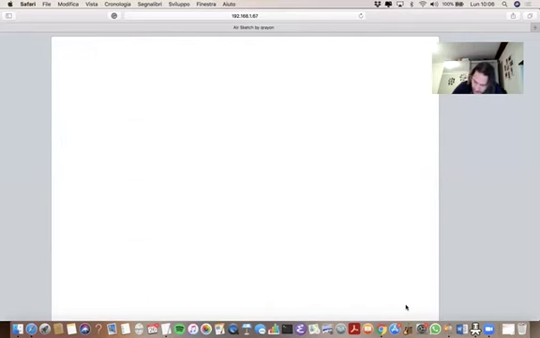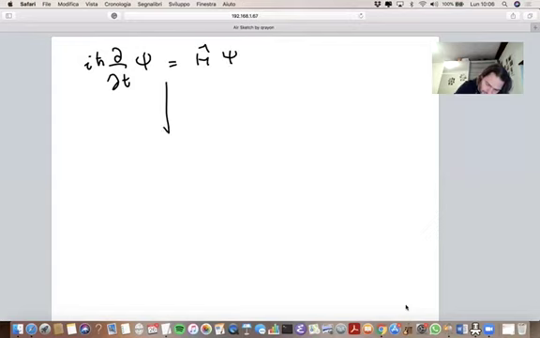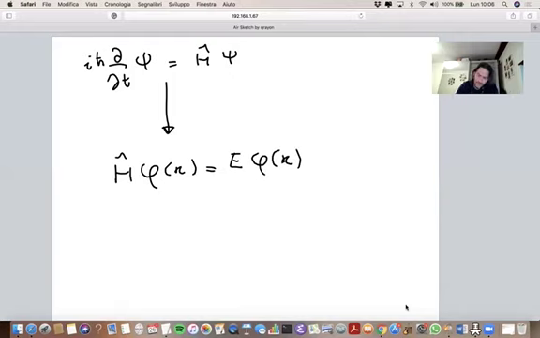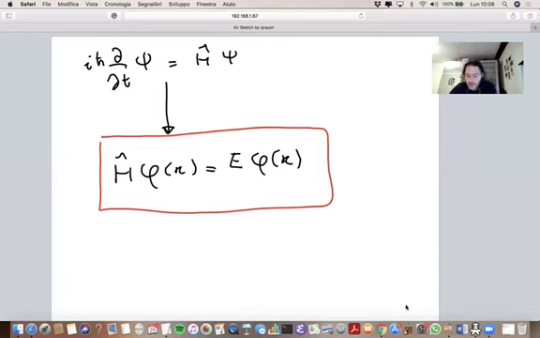So, for a conservative system, the Schrodinger equation has been reformulated in terms of a new equation, which I write in the following way. First of all, I want to emphasize that there is no time anymore in this equation.